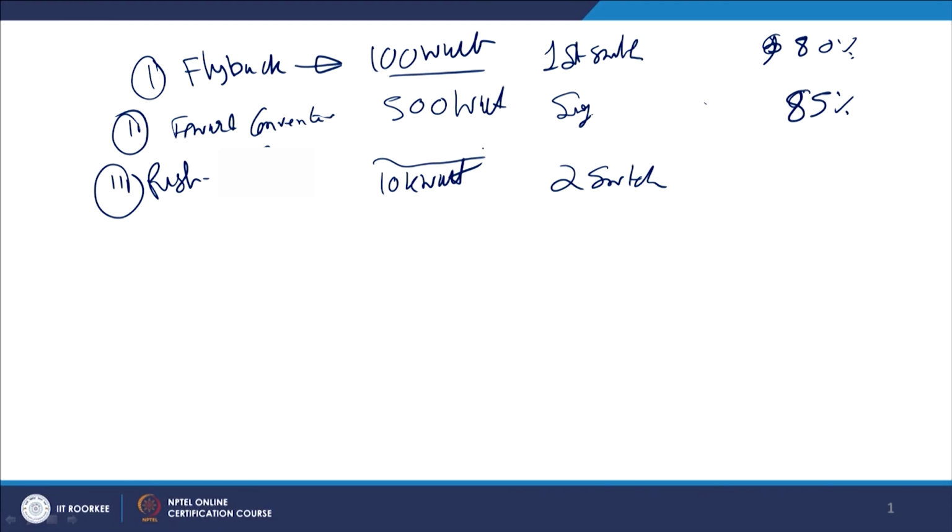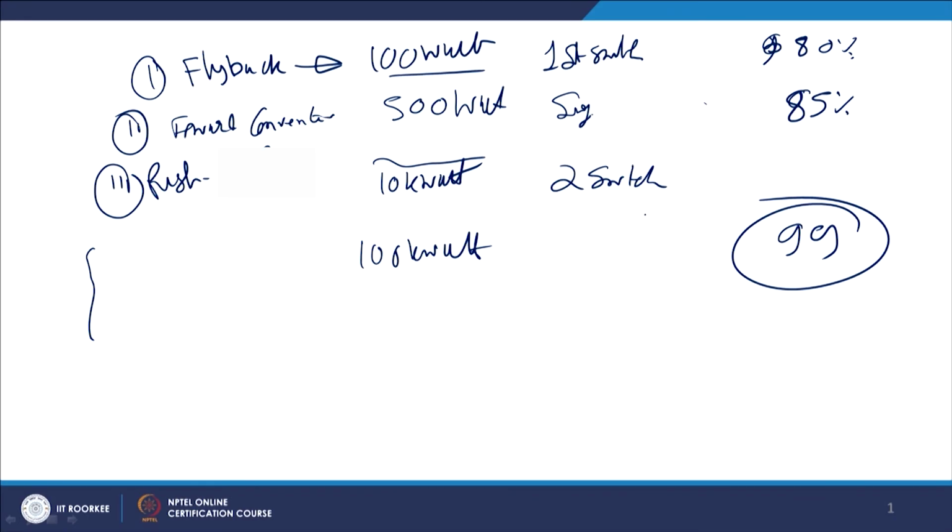Thereafter you have the half bridge and full bridge. This can handle power of around hundreds of kilowatt if properly designed. It can handle power in the megawatt range, and efficiency is 99%.